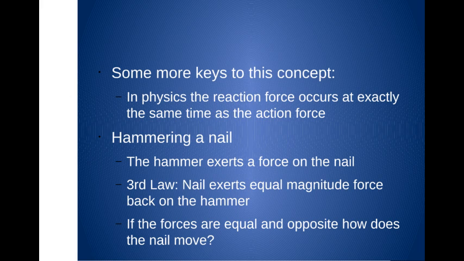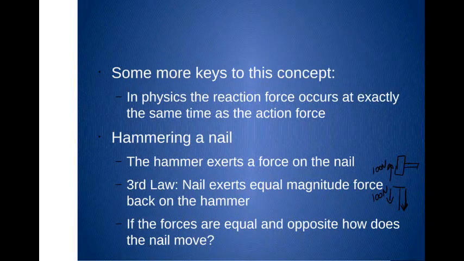Well, remember, there's two different objects. You have the nail and the poorly drawn hammer here. So let's say I hit the nail with 100 newtons. Well, the hammer is going to be hit with 100 newtons, right?